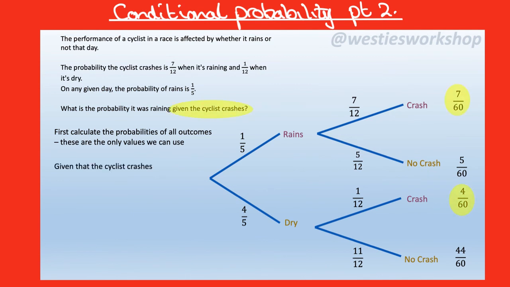Given the cyclist crashes, there are two events where the cyclist crashes: 7/60ths and 4/60ths. One when it rains and one when it's dry. We can ignore the other outcomes, so ignore those probabilities. So it is out of 11/60ths, given the cyclist crashes.